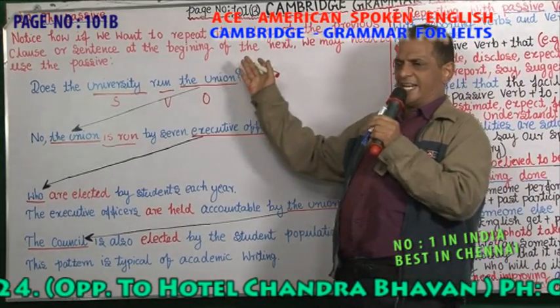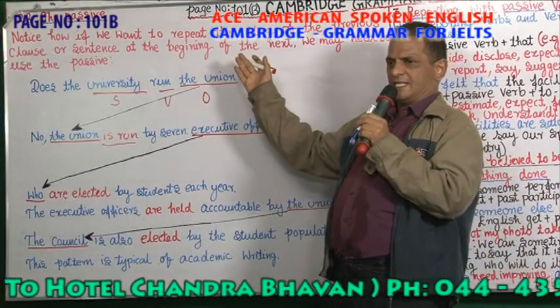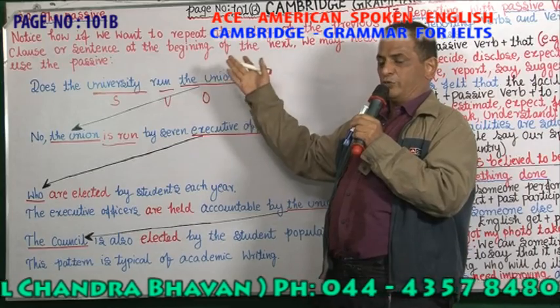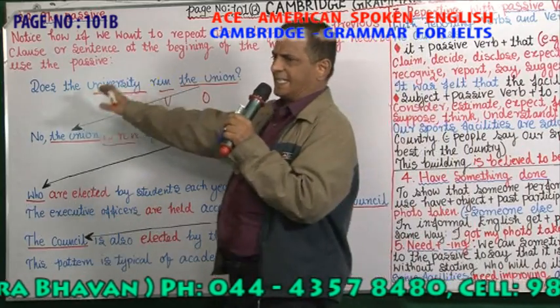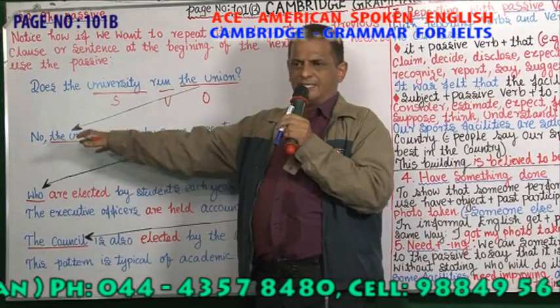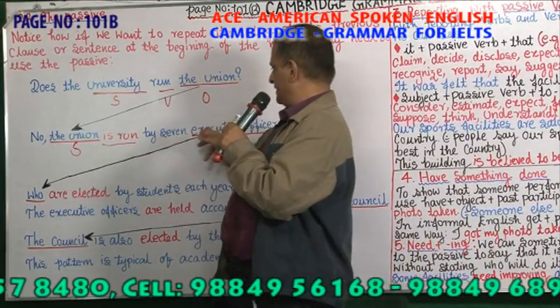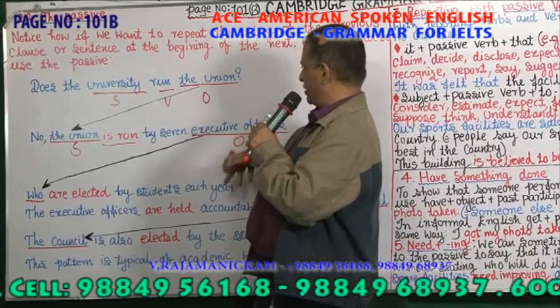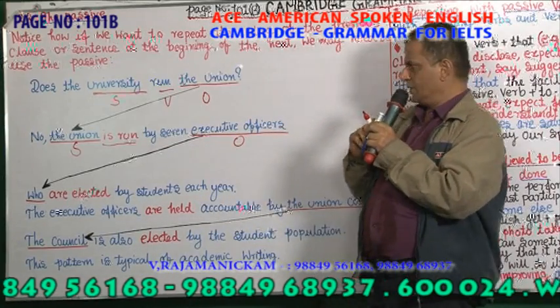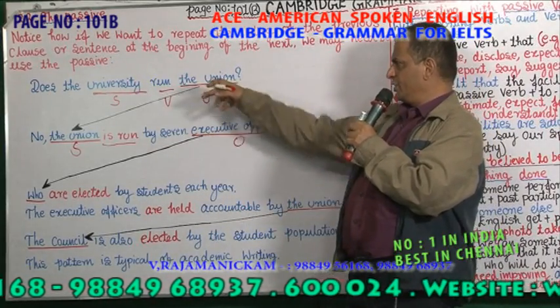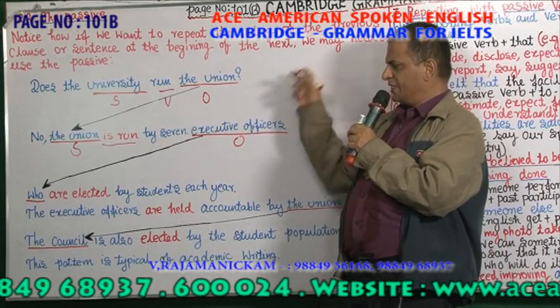So at the end of the sentence there is the object. When you want to mention the object in the next sentence, that object becomes the subject. Union becomes the subject. By 7 executive officers. No, the union is not run by the university. It is run by the executive officers.